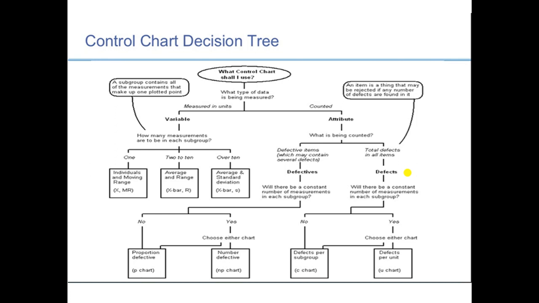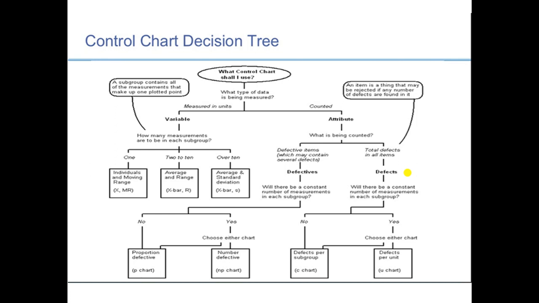It may be any one defect, or another two defects. So a product can be defective because it may contain one defect or more than one defect.